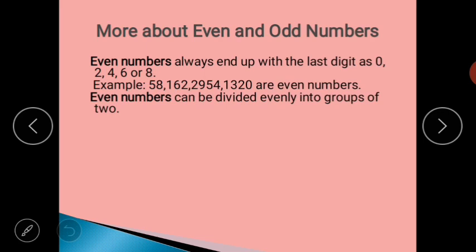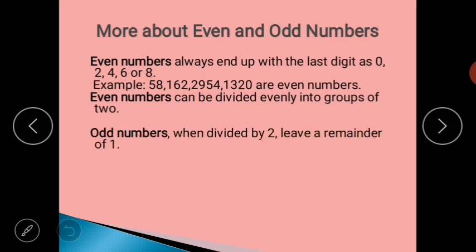The second thing you should know about even numbers is that even numbers can be divided evenly into groups of 2. This means if we divide even numbers by 2, it leaves no remainder. Now odd numbers.